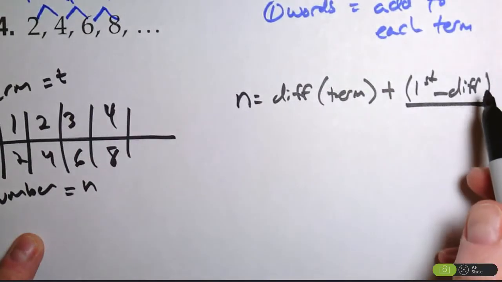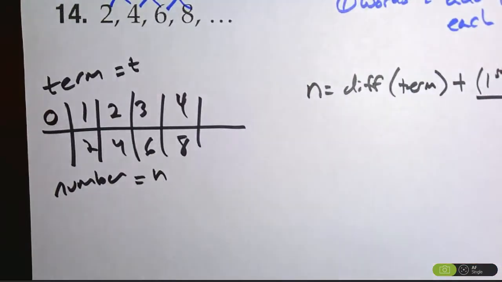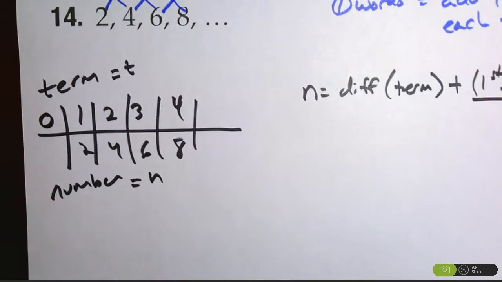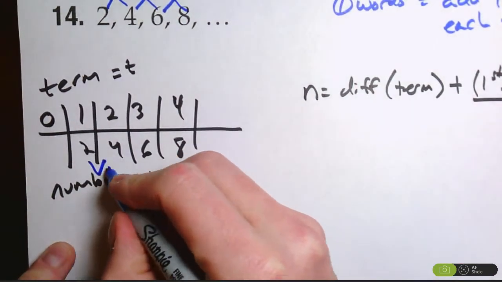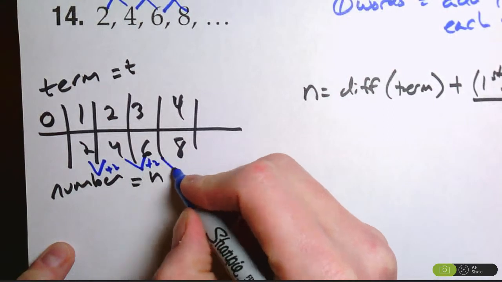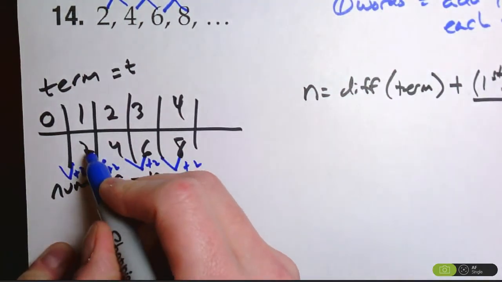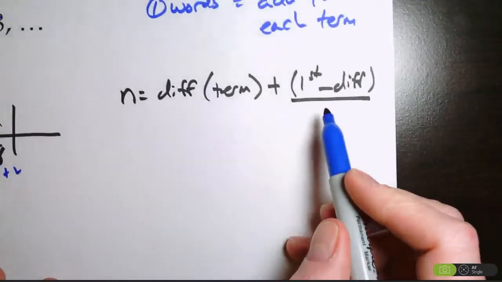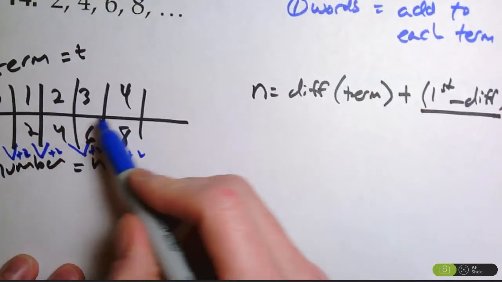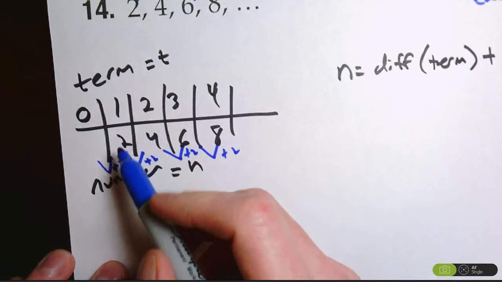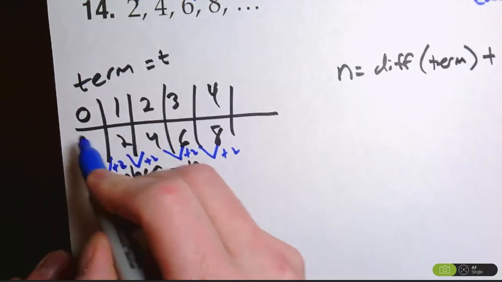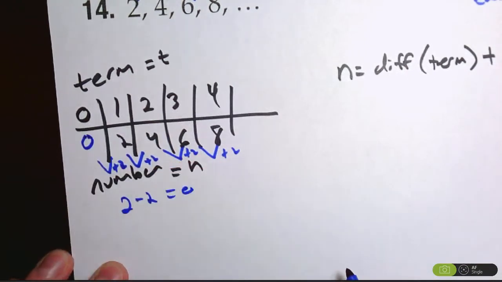Now how do I find that? Well, if I'm adding 2 to get to here, adding 2 to get to here, adding 2 to get to here, I need to think of what I added 2 to in order to get to 2. So I subtract the difference from the first term. Well, what's 2 minus 2? 0.